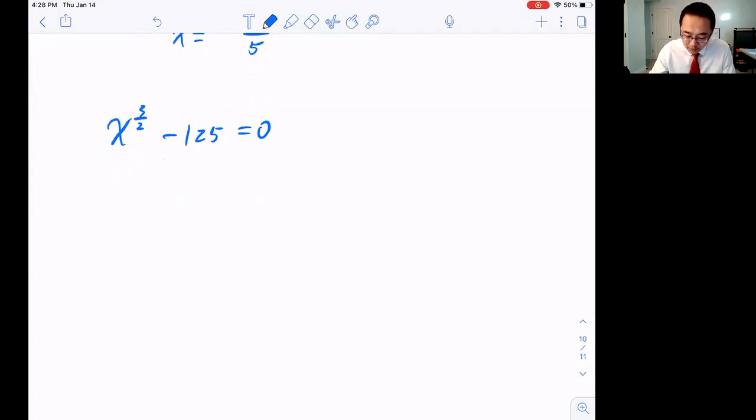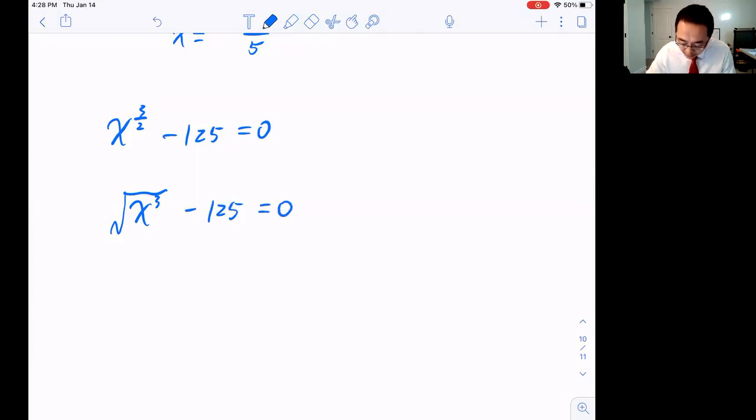But if you recall, we have said before, x raised to the 3/2 power is really x cubed, and then taking the square root, right? Minus 125 equals 0.